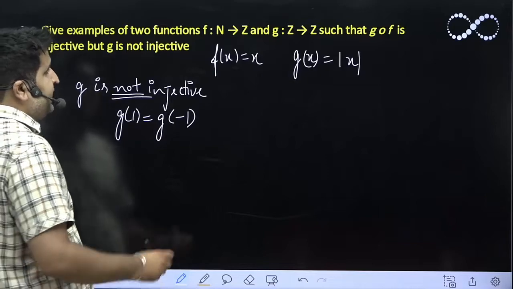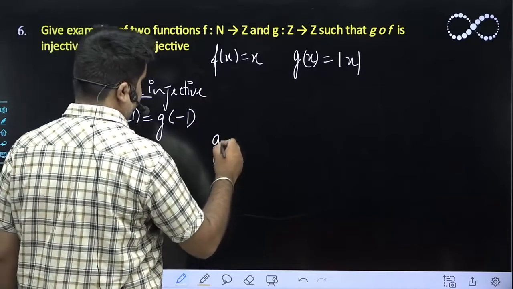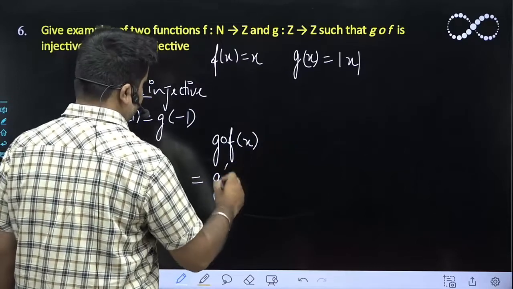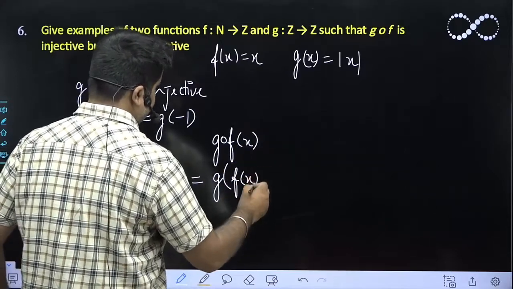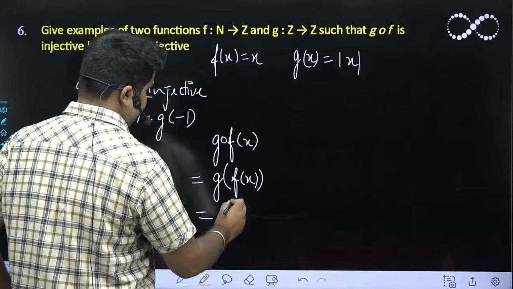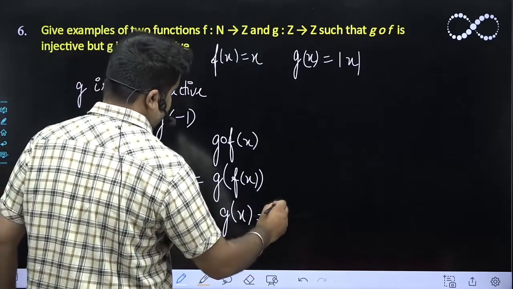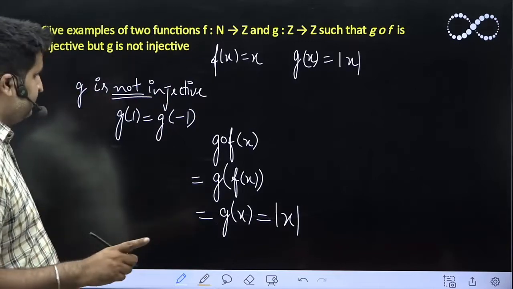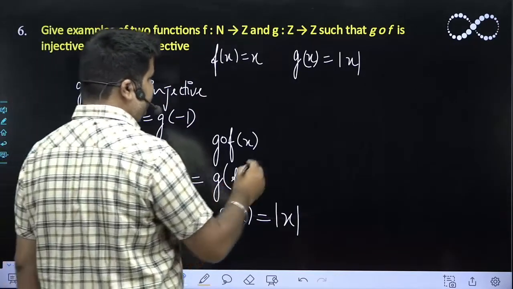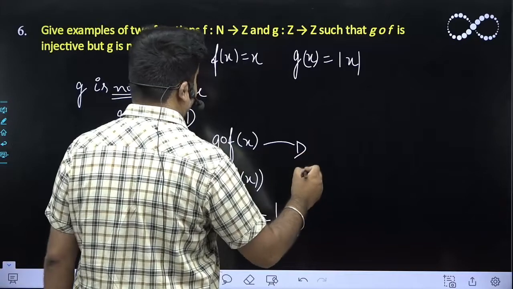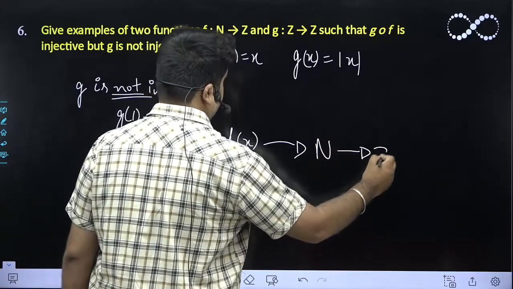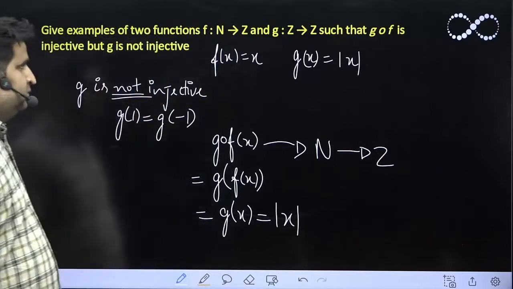But if we see g of f, so what is g of f of x? This is g of fx. What is fx? X. So this becomes g of x. But in this case there's one difference. Okay, this function g of fx, this is defined from N to Z, right?